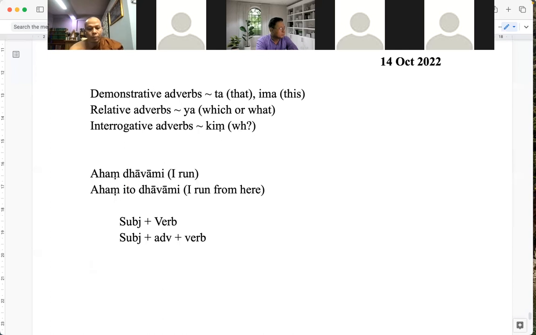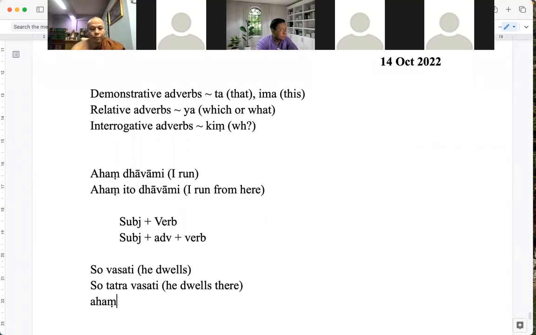So now another example. 'Tattha vasati' means he dwells there in this way.